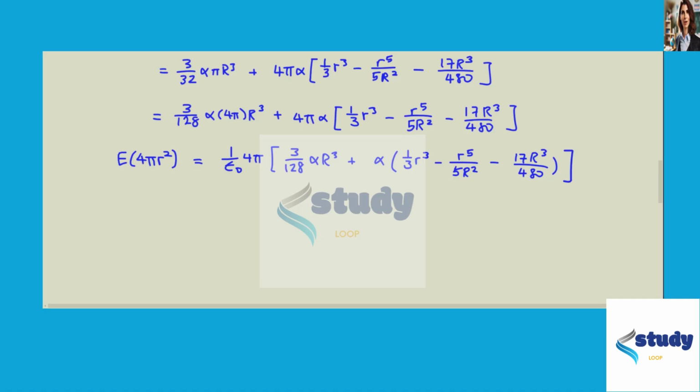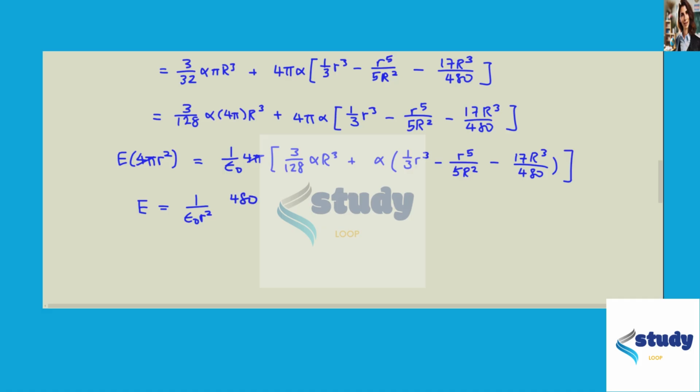Okay, so the next thing, I can cancel the 4 pi, and then I'm going to put E in this way: 1 over epsilon naught r square. I'm going to pull out the alpha.